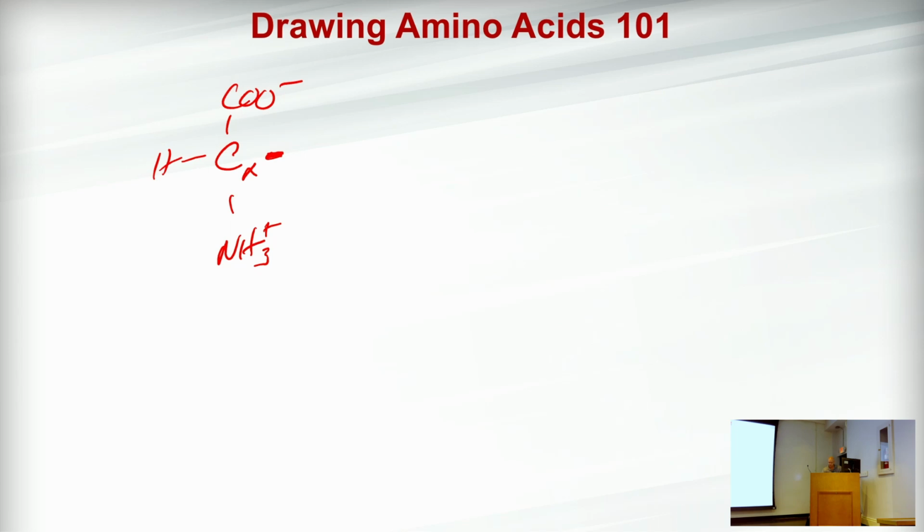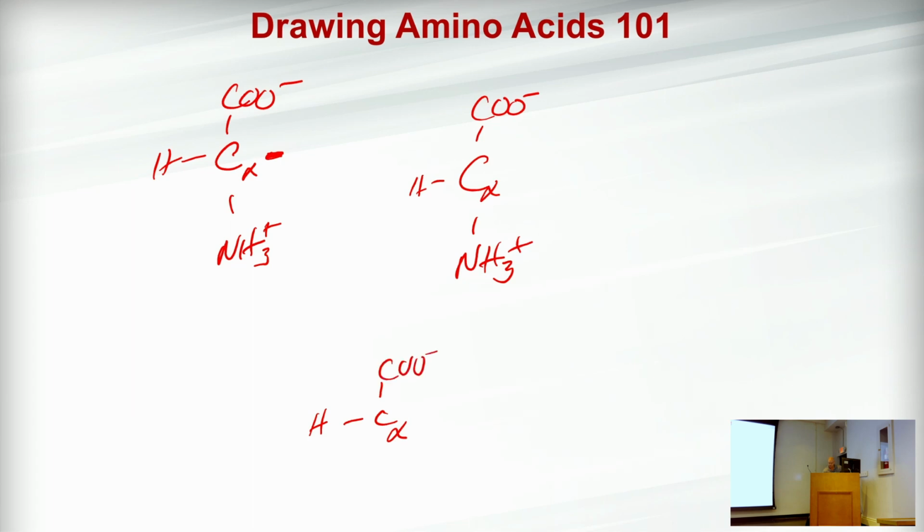You can literally keep this same basic structure as many times over as you want. All we're going to do is change what the R group is. So what's the simplest thing I can put here? A hydrogen, a proton.